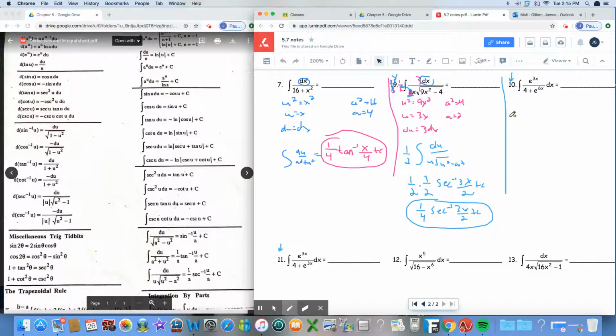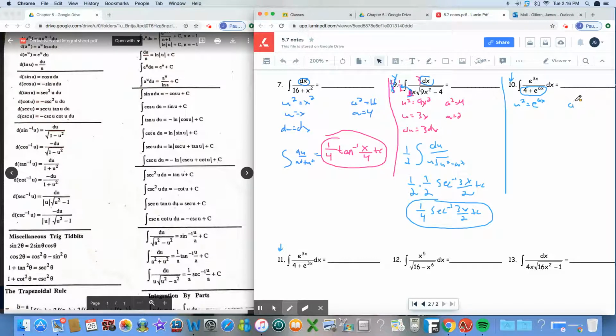So, if I were to do this one, let's try this as u squared and a squared, because it could be like the tangent, right? Because my u squared is what has x. If I made that e to the 6x, right?